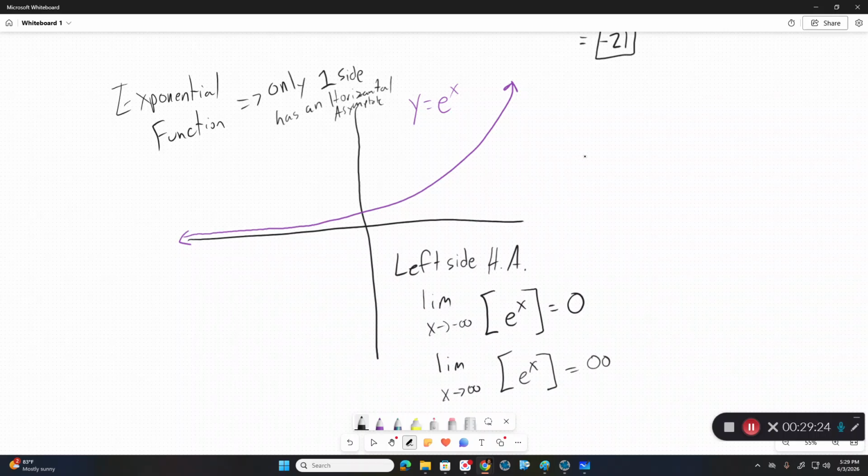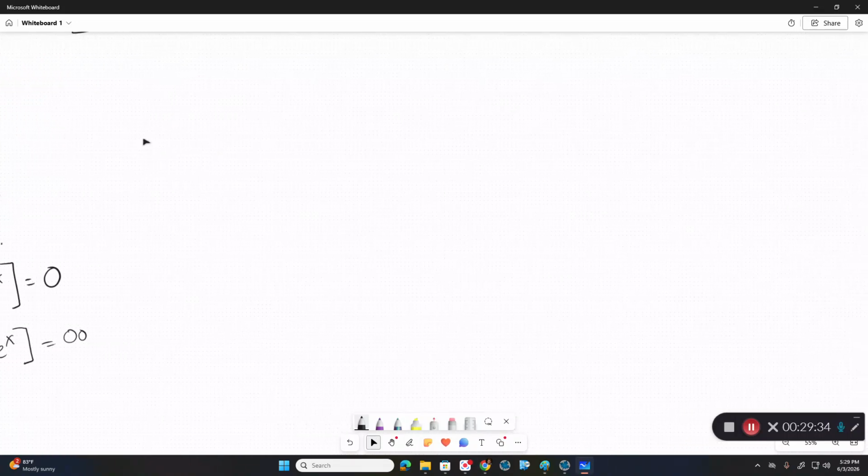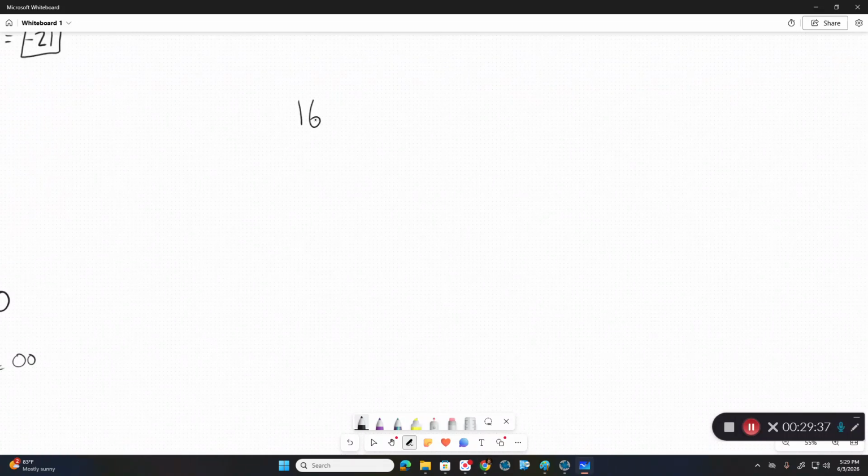So, what if we start playing around with some exponential type functions? What if we have something like 16e to the negative x plus 4? And we'll take a look at the limit as x approaches infinity of that.